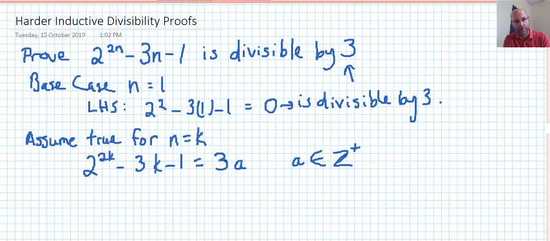Remember, 3 times an integer, and we're dealing with positives because we're doing proof by induction and n is 1 or greater. Now I know I'm going to use that later on, so I'm going to mark that as 1, so we can refer back to that later on.